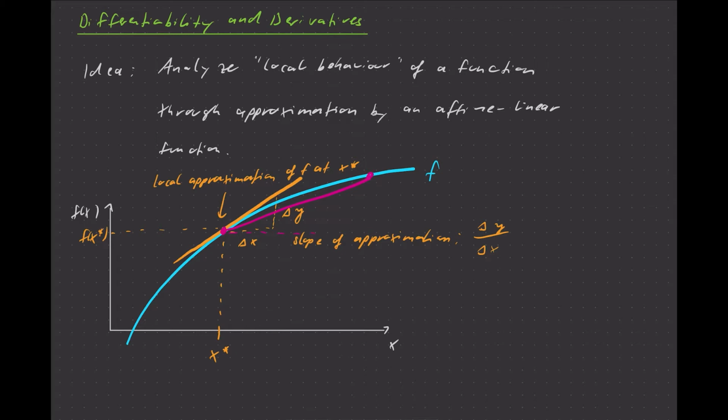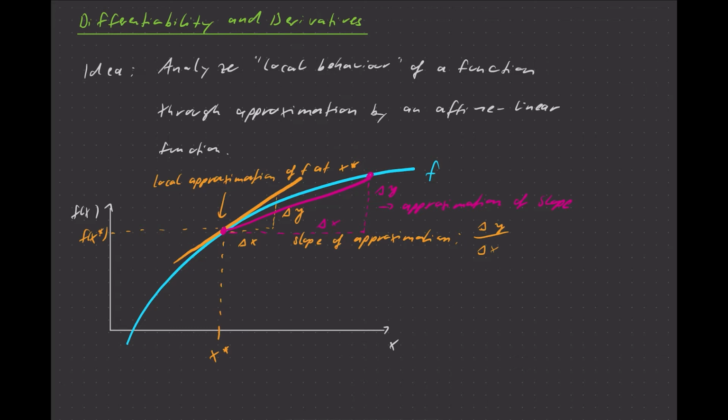And this forms a triangle. Right? The straight line connecting those two points, and the x part and the y part of that triangle. This gives us an approximation of the slope of f. Right? If we just use this as our delta y and this as our delta x.